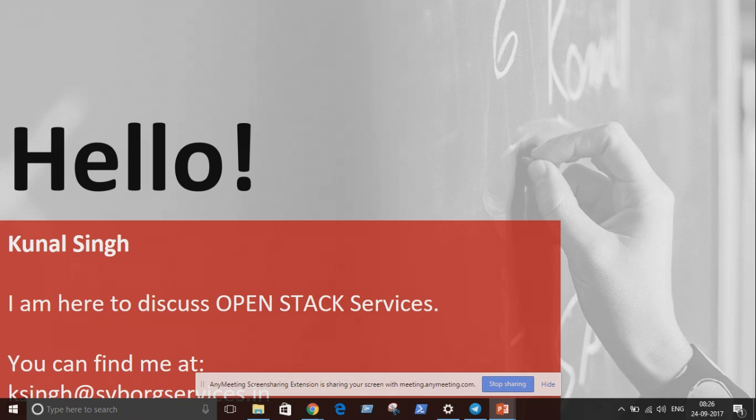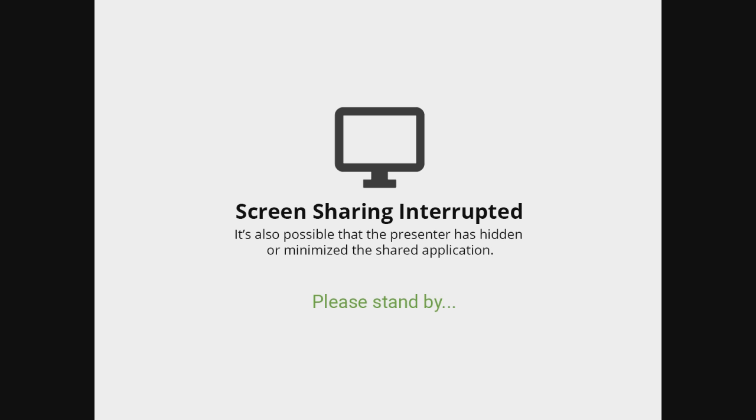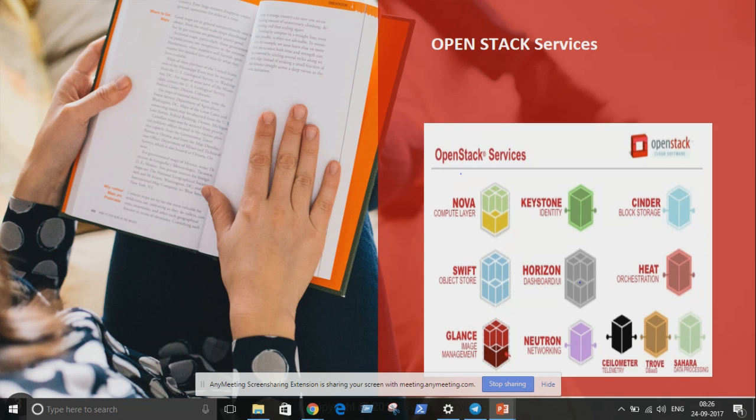So OpenStack has 9 services actually. These are the names of the services you're looking at in the picture. Are you able to see the slide? Yes. So we have Nova, Keystone, Cinder, Swift, Horizon, Heat, Glance, Neutron, Ceilometer, Trove, and Sahara.